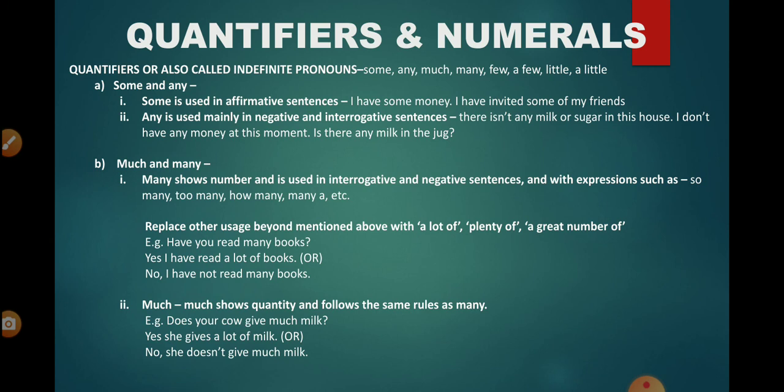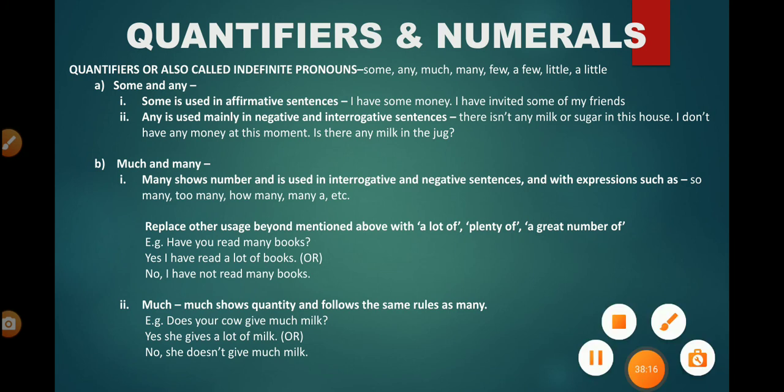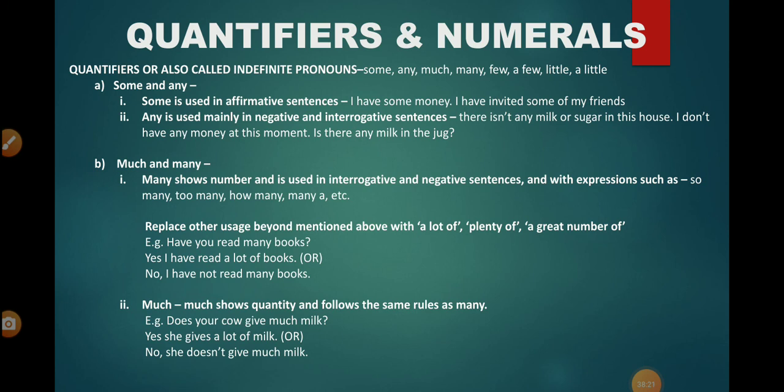One, it is used to show number in interrogative and negative sentences, and secondly, it is used with some expressions like so many, too many, how many, etc. Further, if beyond interrogative and negative sentences you happen to need something similar to many, you'll use a lot of, plenty of, a great number of, rather than making use of many.